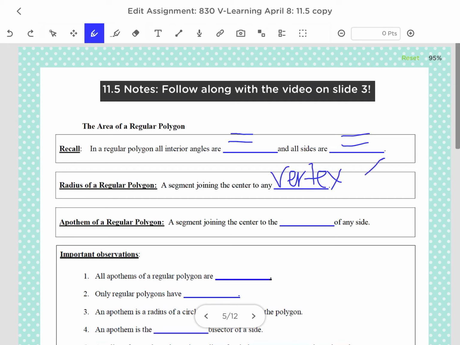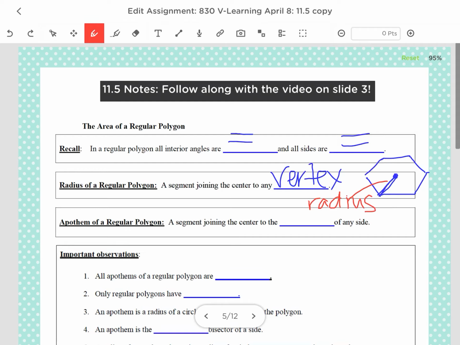So if we think about it in terms of maybe a hexagon, we have the center, and then joining it to any vertex, that part right there is called the radius. The next one is a new word. It's called the apothem.